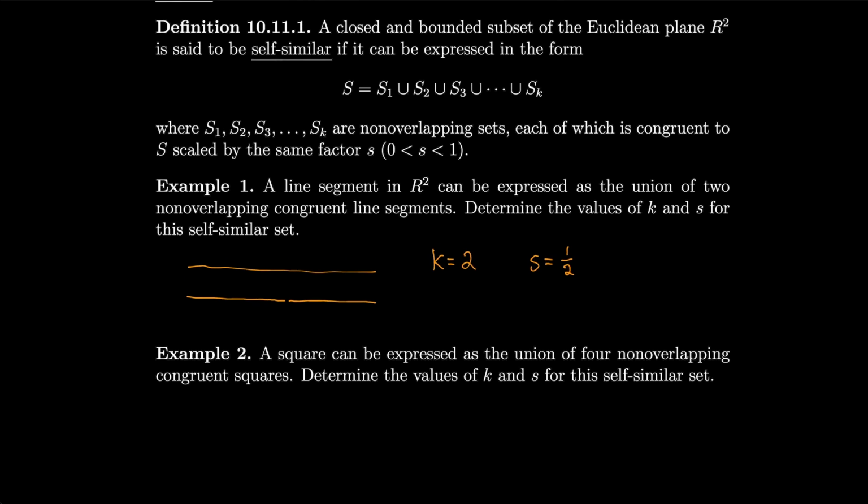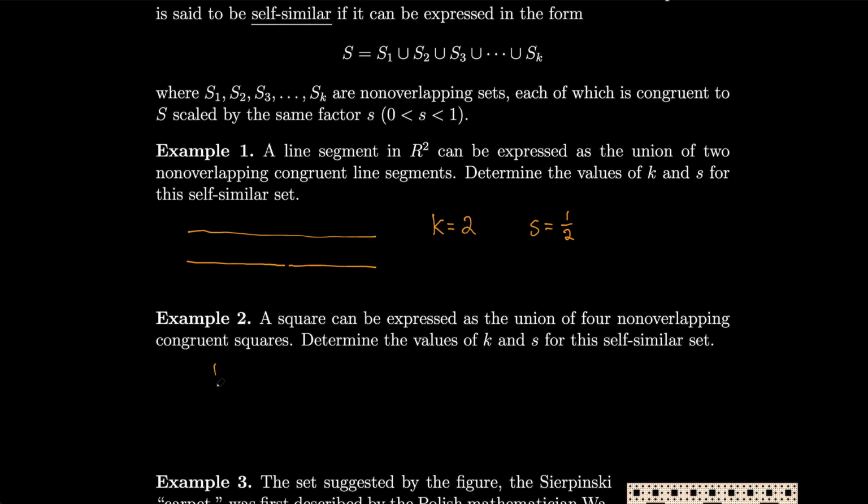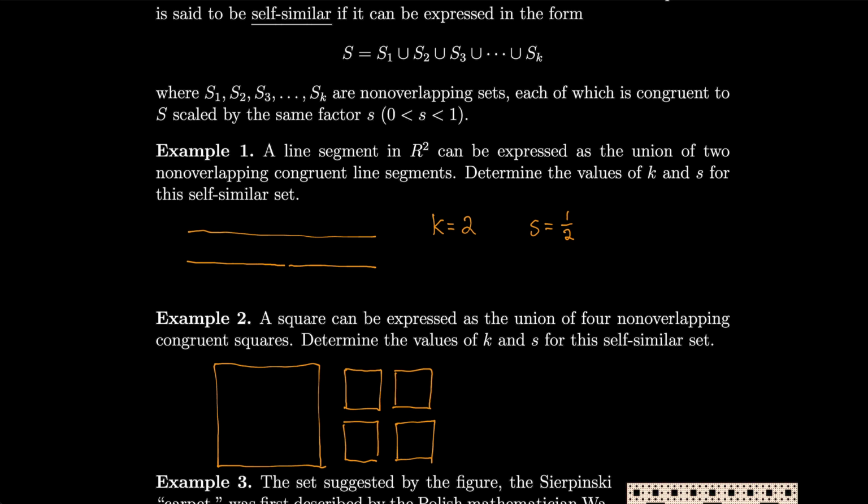Another example is that a square can be expressed as the union of four non-overlapping congruent squares. Let's determine the values of K and S for this self-similar set. So I'll draw a square, and I'll draw the four squares that I could use to make the square, because I could break it up into 4, and these are all supposed to be identical, so again, maybe your drawing skills will be better than mine.